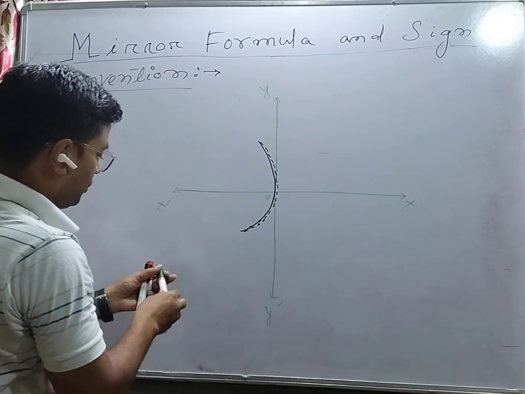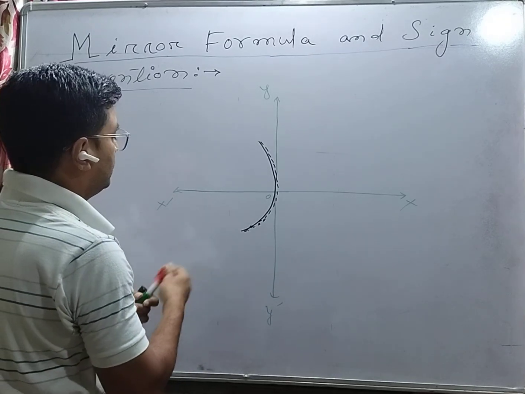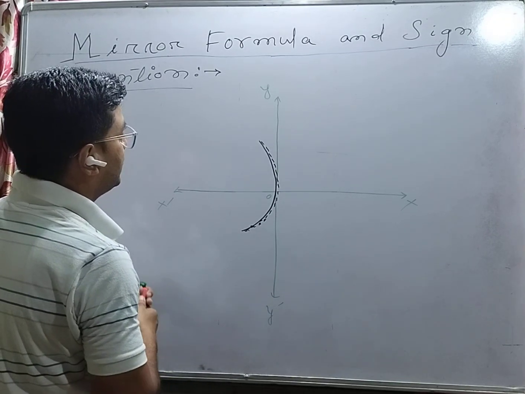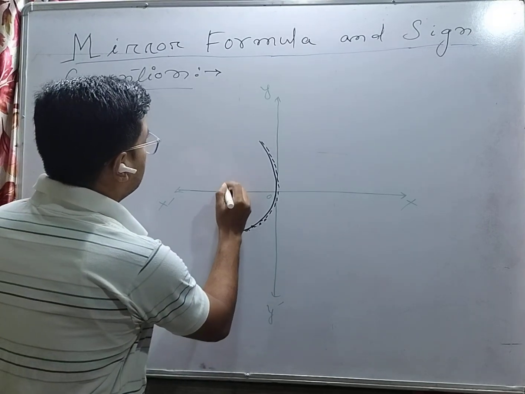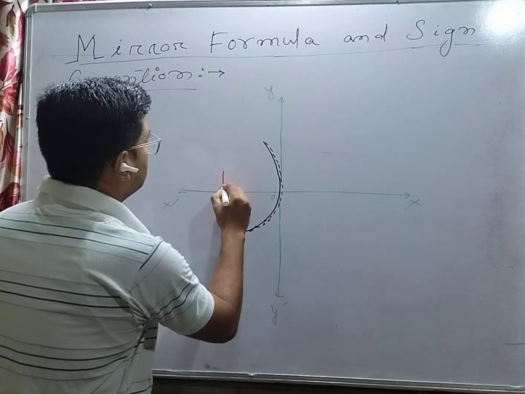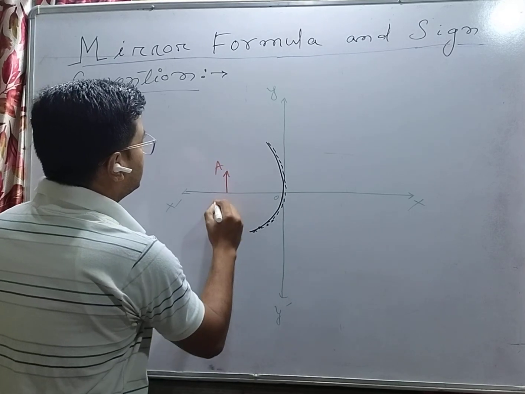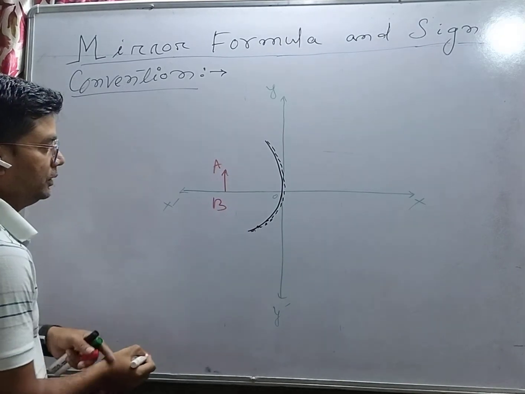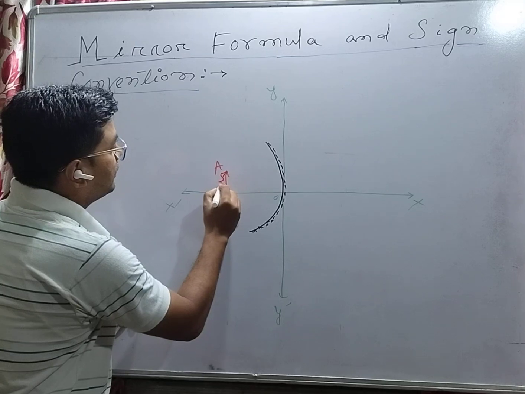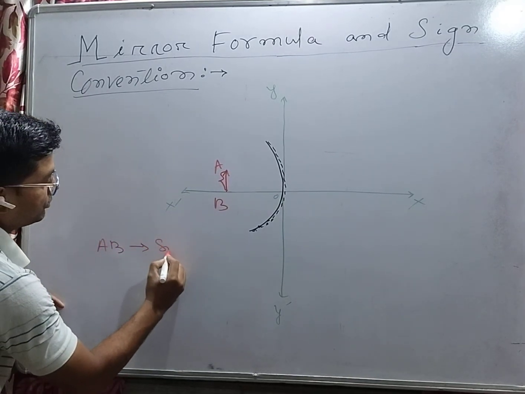Suppose an object is kept here. That is AB. Size of the object is this. AB is the size of the object.